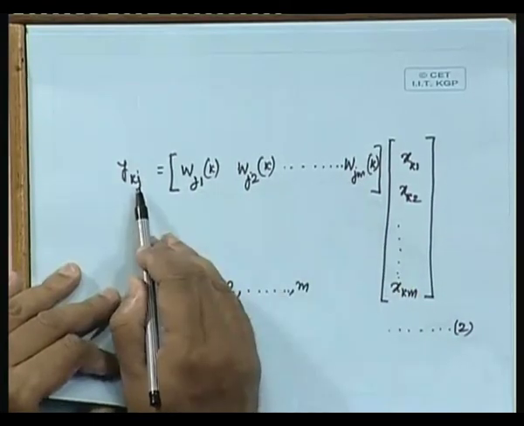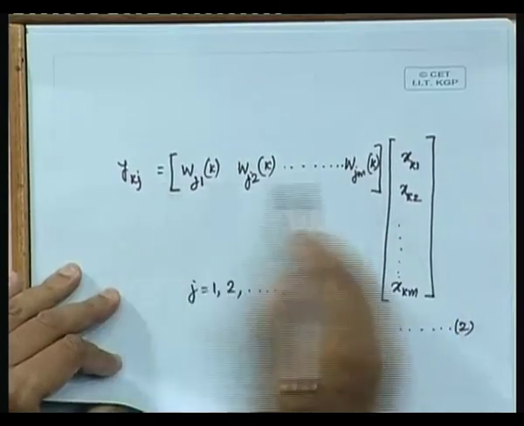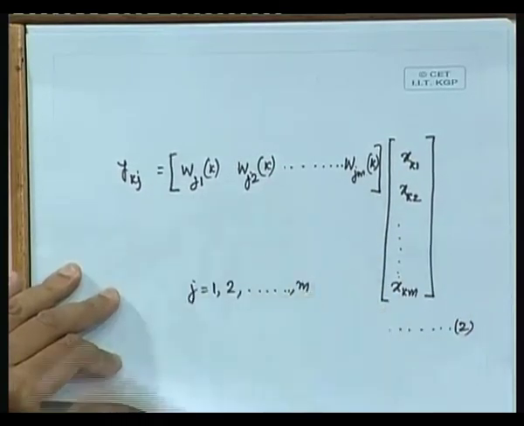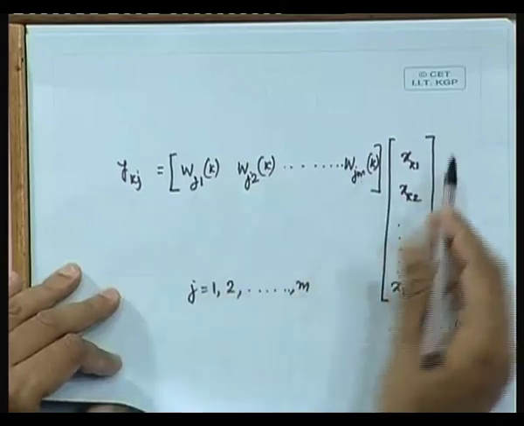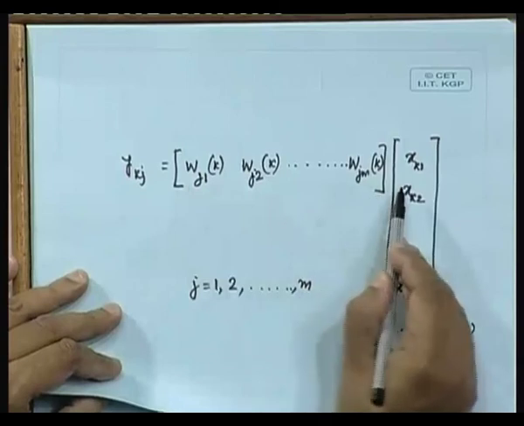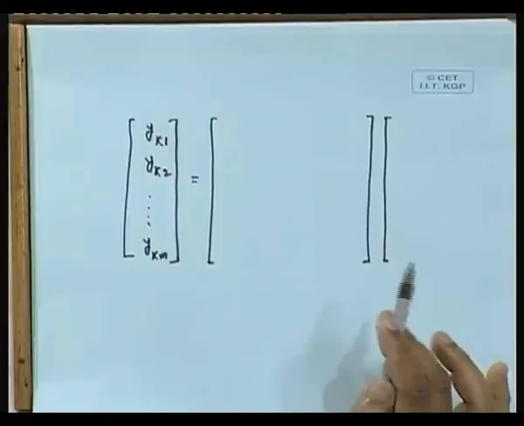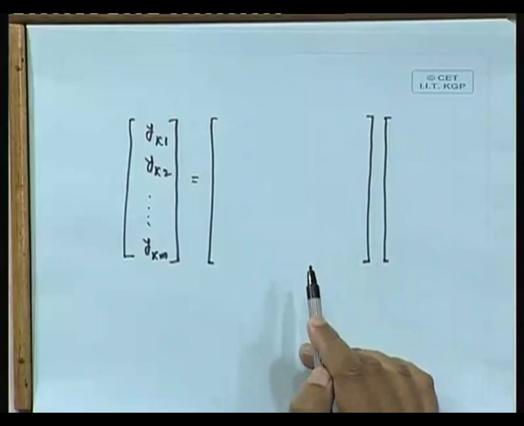For j equal to 2 it will be w21, w22 up to w2m, like that. So this will change with every j, but this remains the same. Since this is going to change, for every such j we are going to have a different weight vector, but in effect it will give rise to a weight matrix.